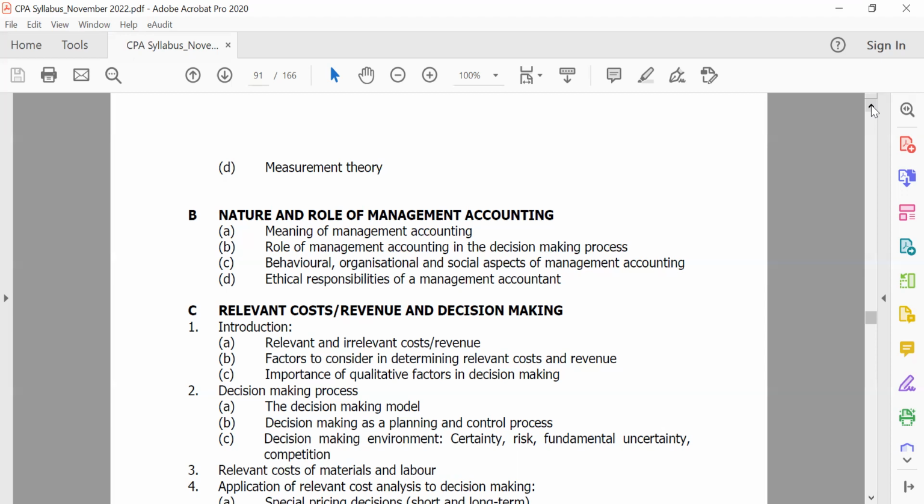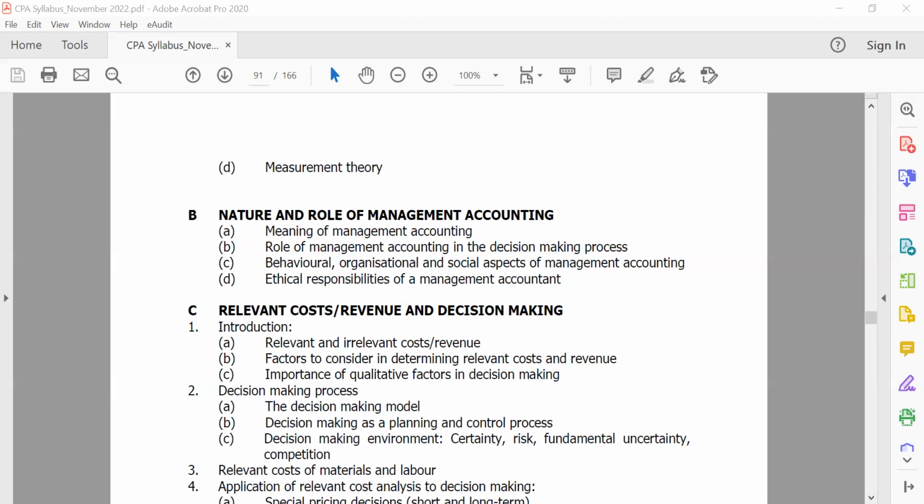And then, of course, the role of management accounting is also one of the things that we shall try to appreciate. We shall try to appreciate how the management accountant comes into aspects of planning. And by planning here, especially when we're speaking about the management accountant, we're speaking about budgeting, because budgeting is one of those key areas that most of us come to usually appreciate, especially as accountants.